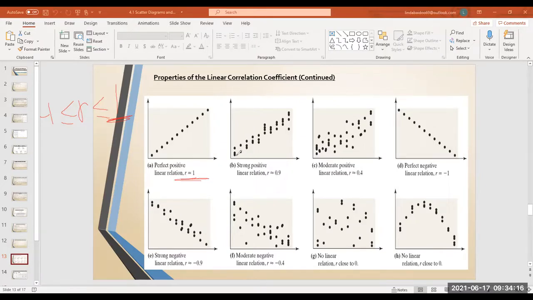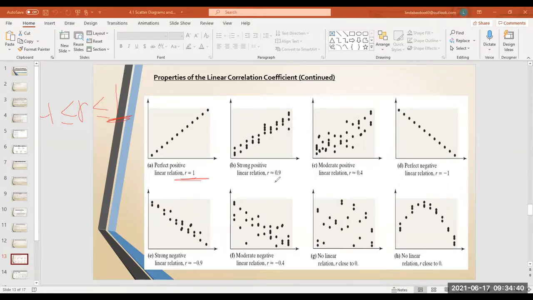And then here, if we were to take our time and draw a line through it, we know that most of these points will lie on a straight line. It is not exactly 1, but if we were to draw lines, some of them will lie on a straight line and others will be outside of the line. This is what we call strong positive linear relation.